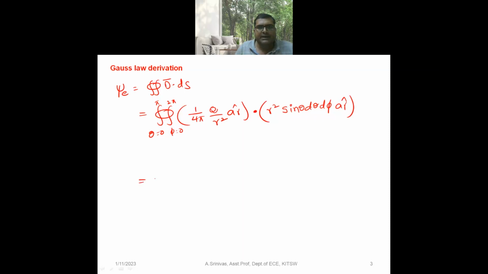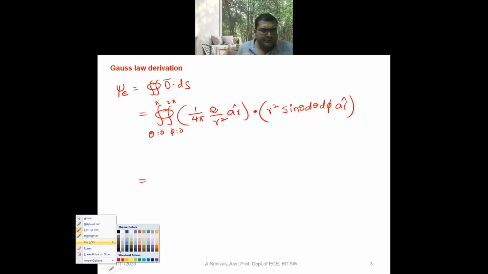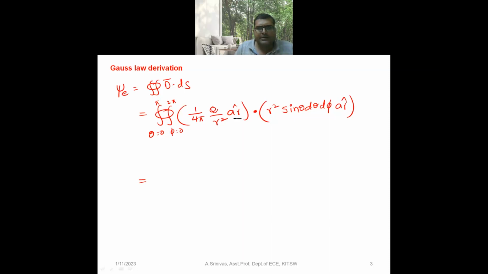Now, by expanding, aR dot aR is equal to 1, and this can be simplified as the integral, theta from 0 to pi, phi from 0 to 2 pi, of 1 by 4 pi Q by r square sine theta d theta d phi.